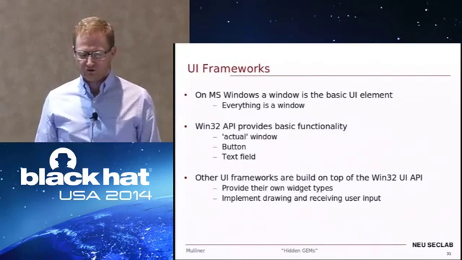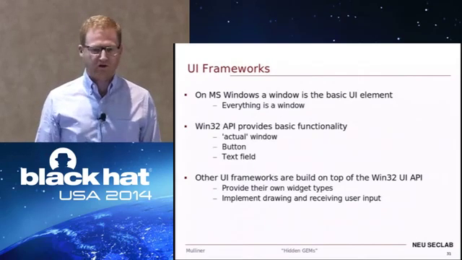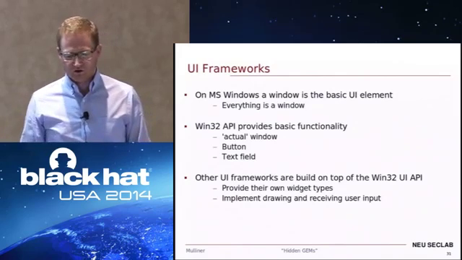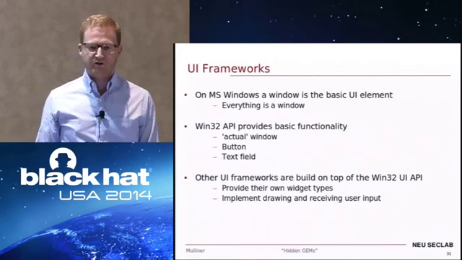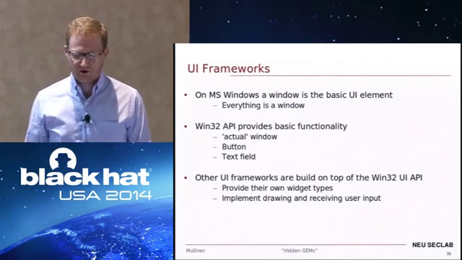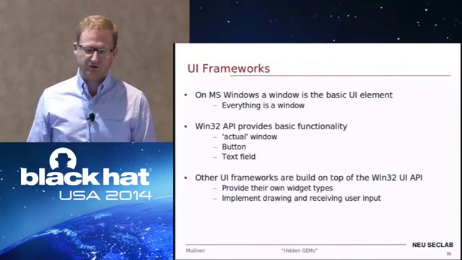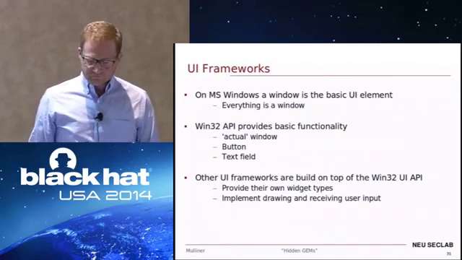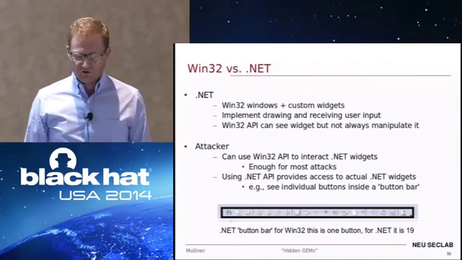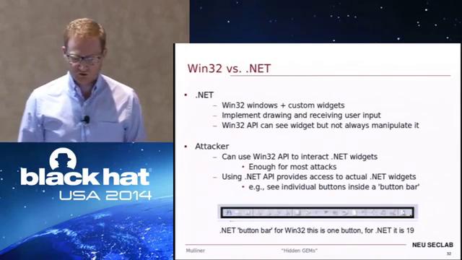Other frameworks like .NET, or some Delphi library that runs on Windows, basically use the basic Windows, but they have their own drawing operations and their own methods to get feedback from the user and receive input. But everything basically is a window, so you can access all of that through the standard API that I just showed you.